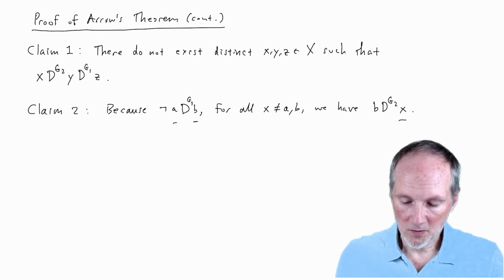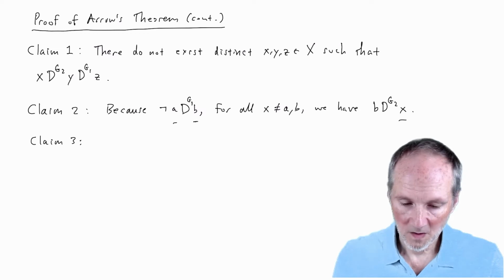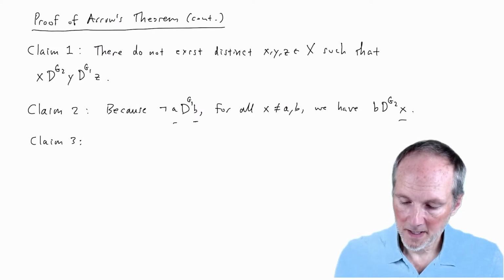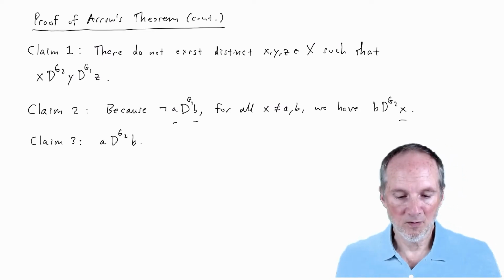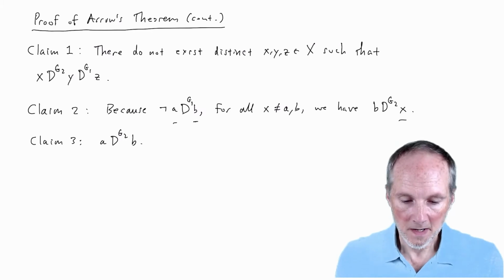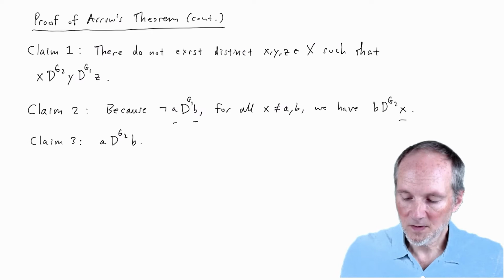Let's move on to claim 3. Claim 3 is that G2 is decisive for A over B. Now, how am I going to prove this? Well, I'm going to use the previous claims.